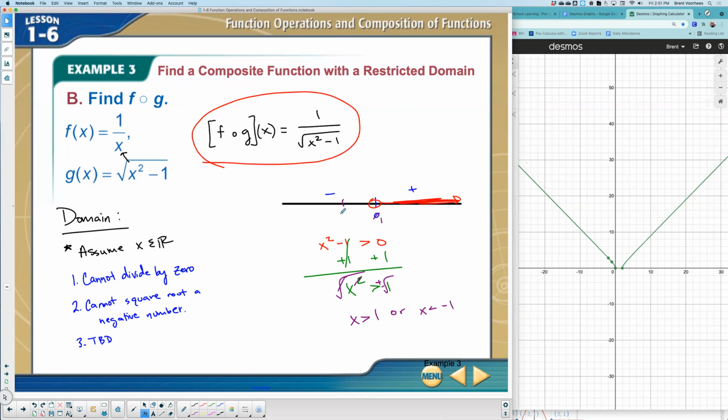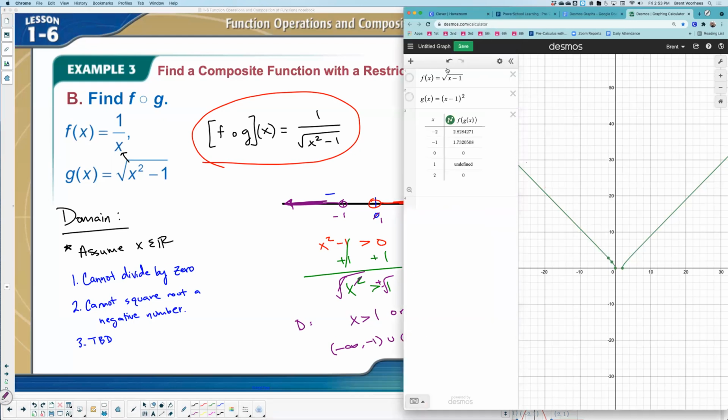We need to add a -1 and say it's less than, so that shades to the left. So this would also have a gap in the middle. So there's my domain. Or you could say from negative infinity to -1, open circle this time, so a parenthesis, union 1 to positive infinity. That would be your domain.